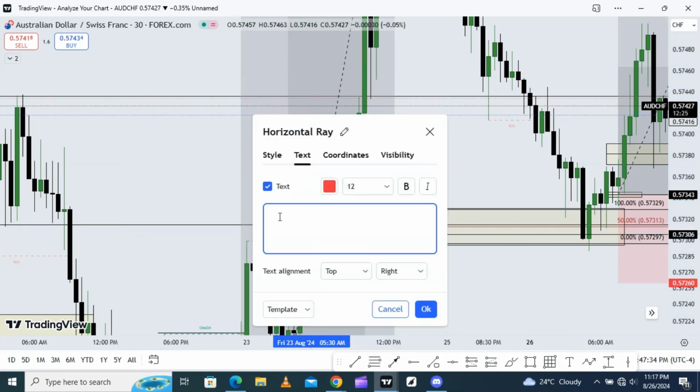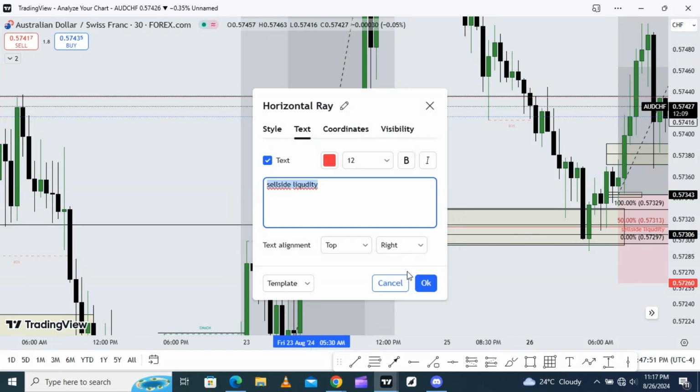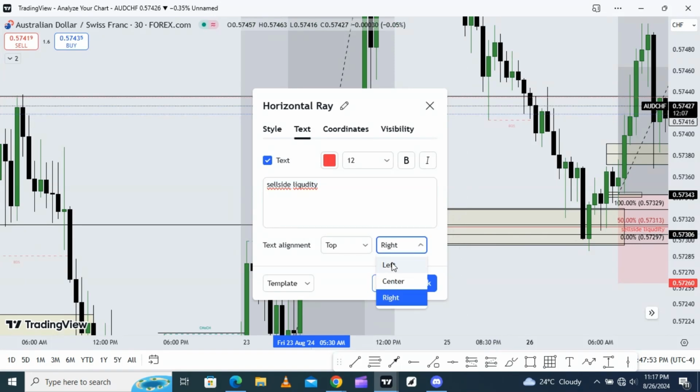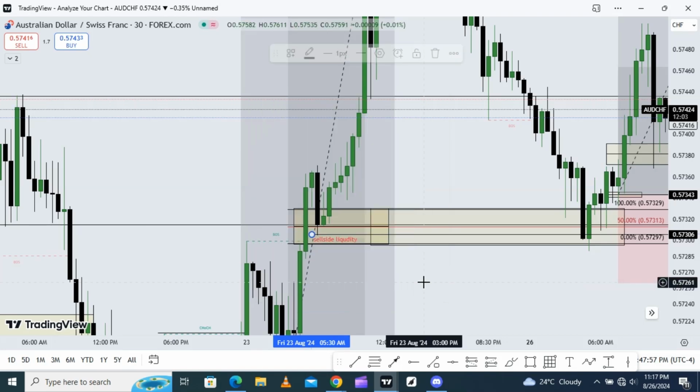You know, this is sell side. So sell side liquidity. Can you see? This is sell side liquidity.